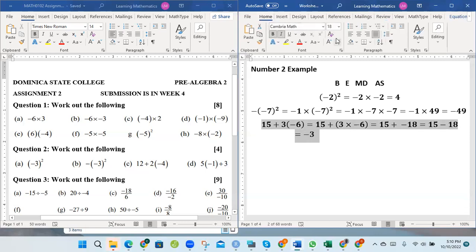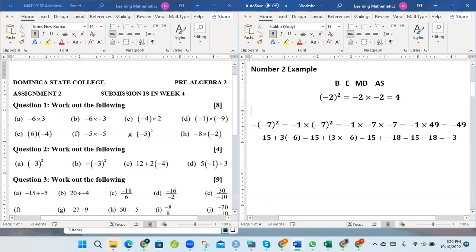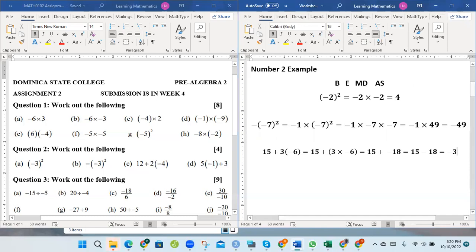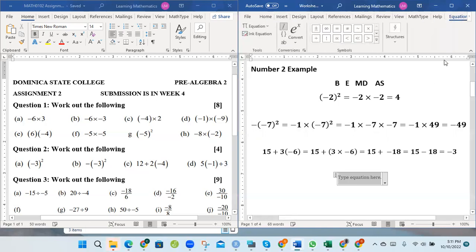I'm not too sure if you'll get a negative for that answer. You might not. Okay, remember this is an example. 5 times negative 1 plus 3. An example like this would be, for example, 8 open bracket negative 2 plus 10.